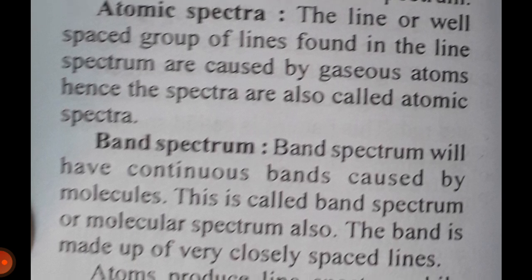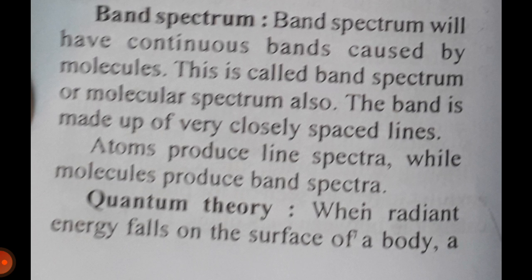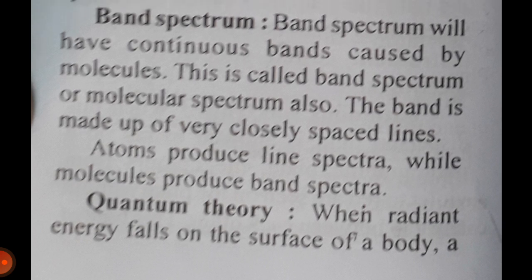Hence the spectra are also called atomic spectra. Band spectrum. Band spectra have continuous bands caused by molecules. This is called band spectrum or molecular spectrum. Also, the band is made up of very closely spaced lines. Atoms produce line spectra while molecules produce band spectra.